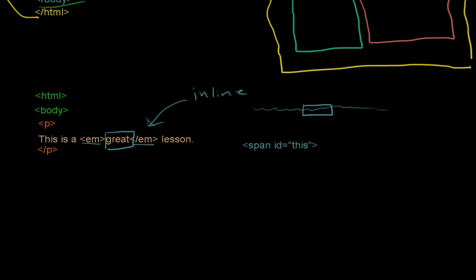So I'll put this one, all one word. So we have a span called this one, and then inside the span, actually, well, it's too late now. I already sent it. So we have span, this one, and then I'll write some words.